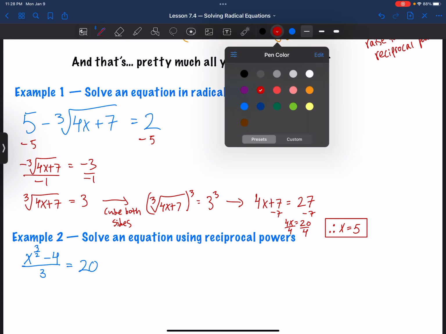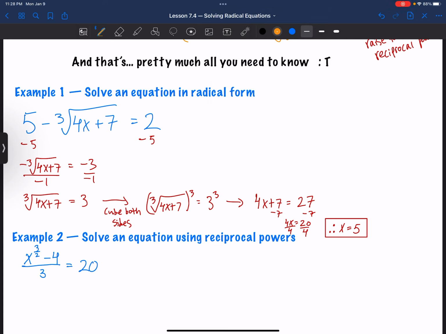You could also think of this, I'm going to say alternative in yellow, is to rewrite this as 4x plus 7 to the 1/3, right? Because cube root of 4x plus 7 is 4x plus 7 to the 1/3 equals 3.